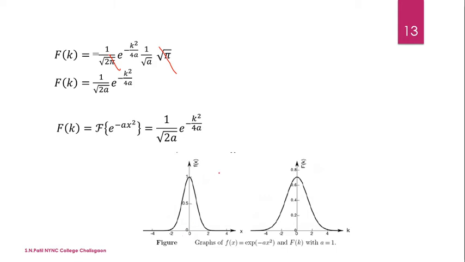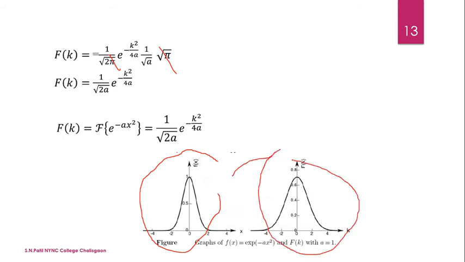We get this, and after calculating the Fourier transform, the graph of f of k, with this the k-axis, is near about the same, which is symmetrical about the y-axis. So this is the domain set, and its image we get as k.